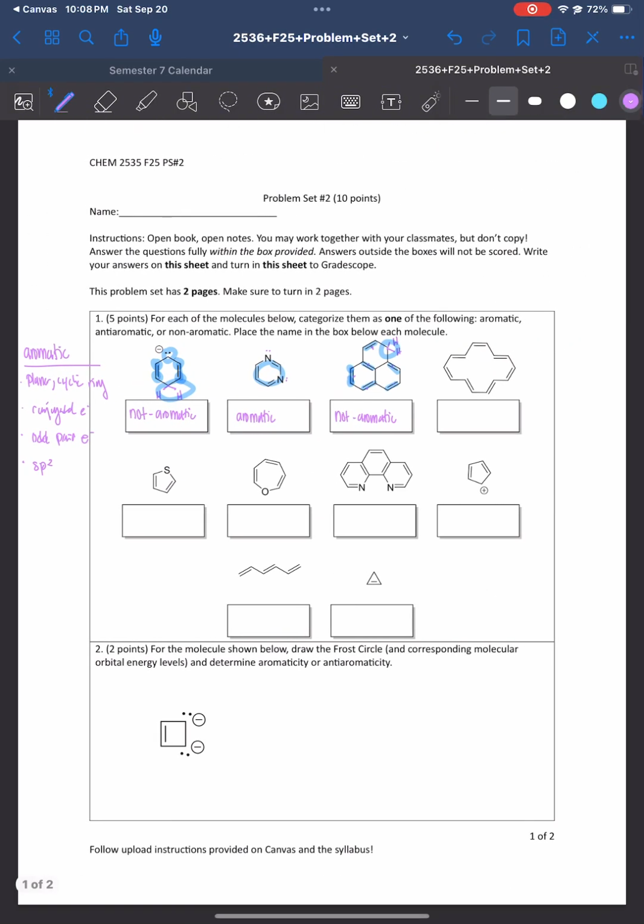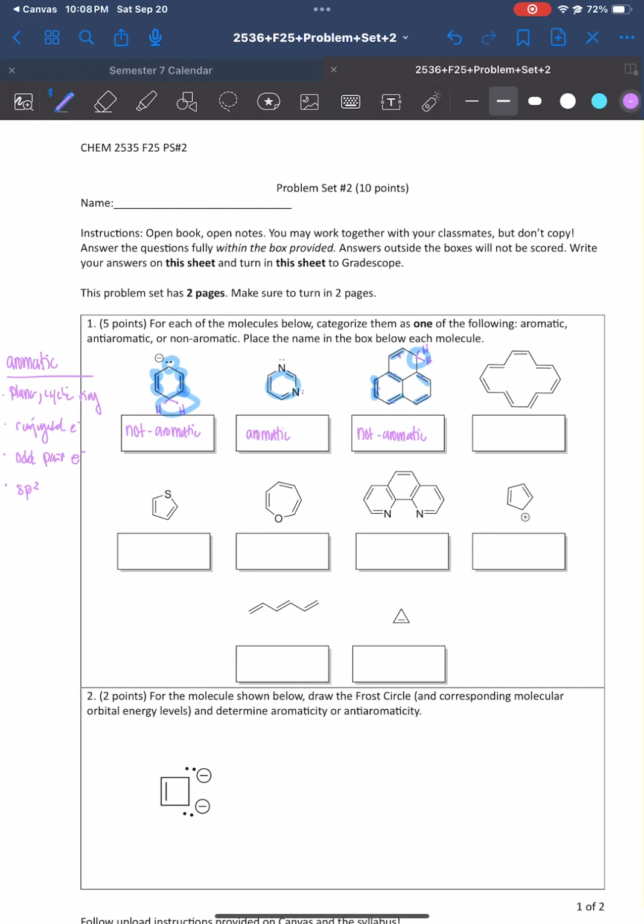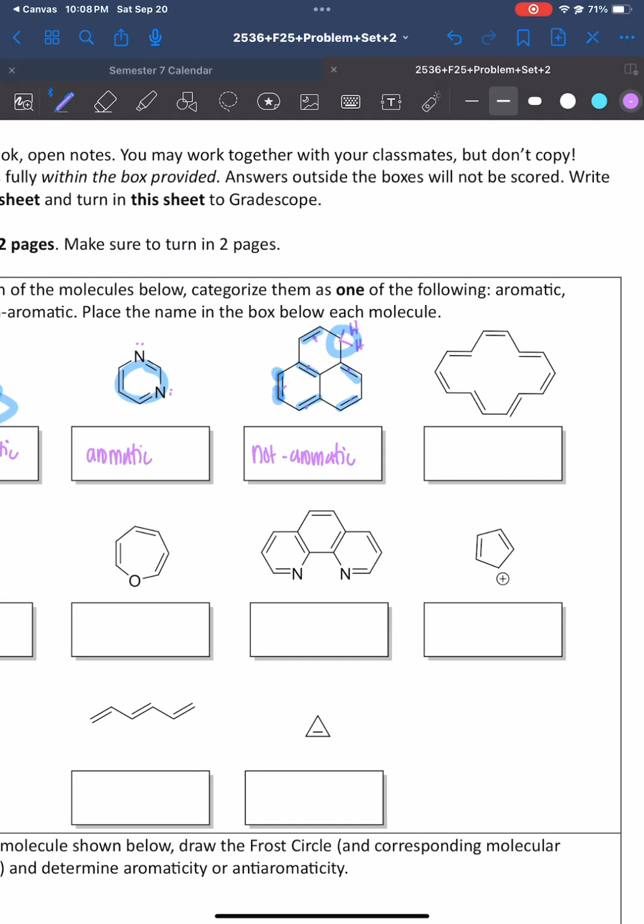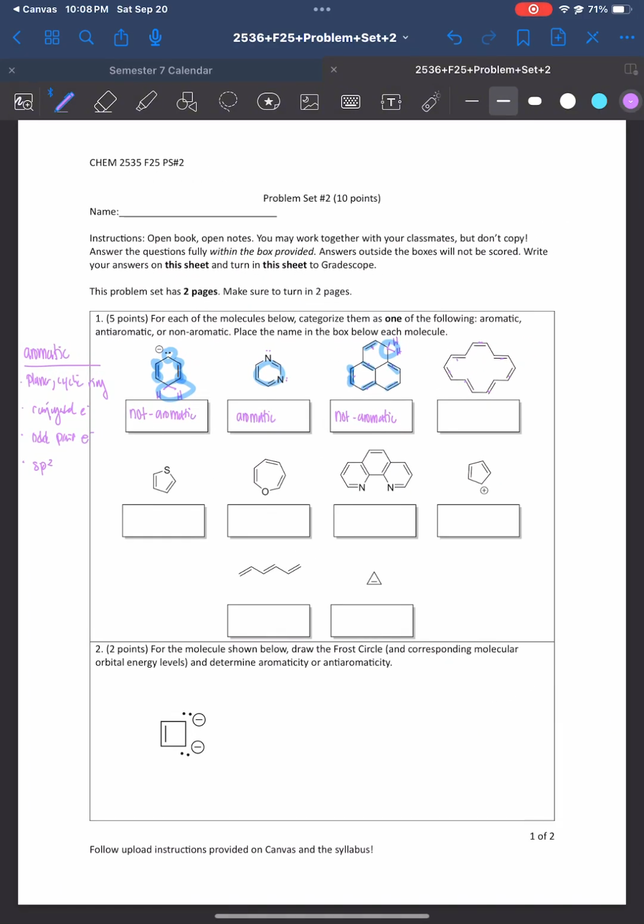Let's look at the fourth question here. Is it a planar cyclic ring? We have to come back to that. Let's look at the other ones. First, is it a conjugated pair of electrons? Yeah, I would say everything is conjugated. Are there an odd number of pairs? 1, 2, 3, 4, 5, 6, 7. Yes. Everything sp2? Everything is sp2.